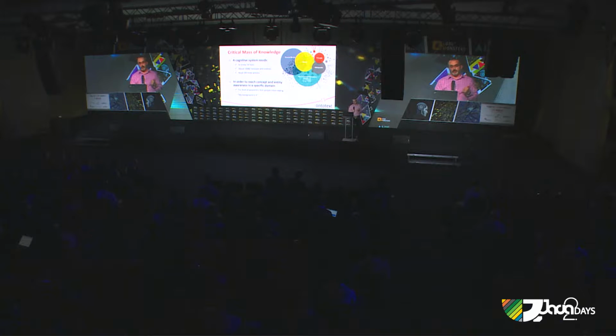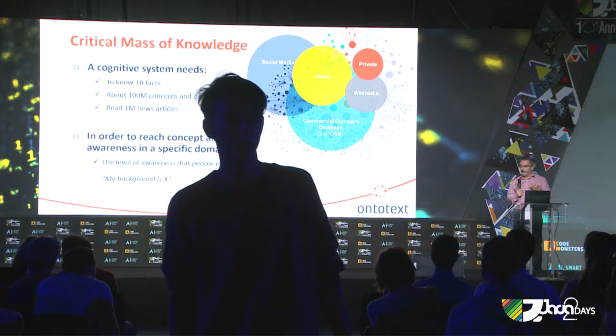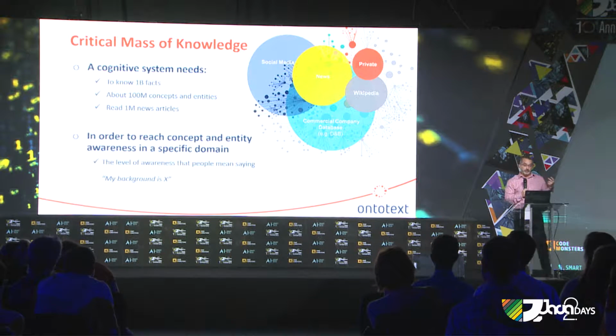And we actually use knowledge graphs to give the computers this kind of awareness of all sorts of concepts and entities that a typical graduate student knows in a specific domain. Say my background is software, and you know a lot about products and libraries and other things in software. The question is how to let the computer know all these things and entities and concepts and relationships that matter and that people use to interpret something.